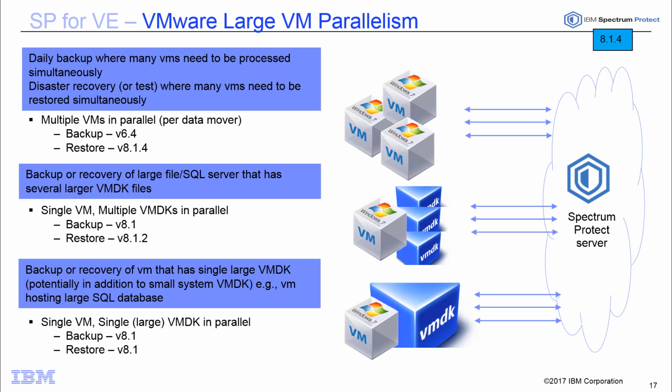And now in this version, we've added improvements to the restore where you're restoring multiple VMs. So now we can restore multiple virtual machines from a Data Protection for VMware installation in parallel when you do a restore, which of course can significantly improve performance over doing those machines one at a time.